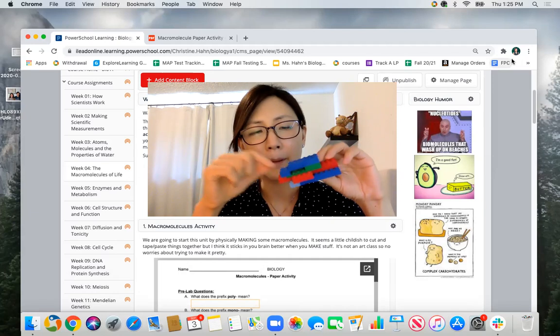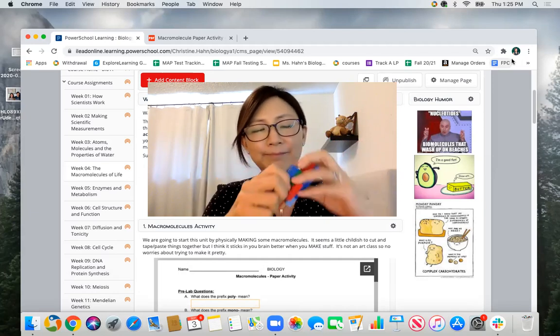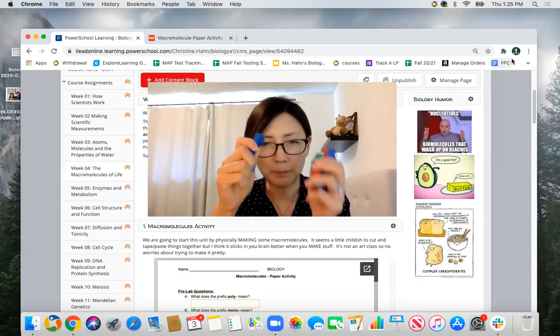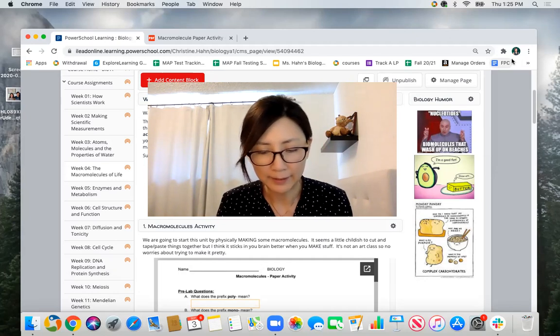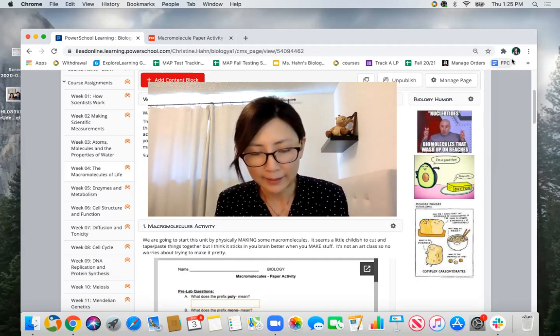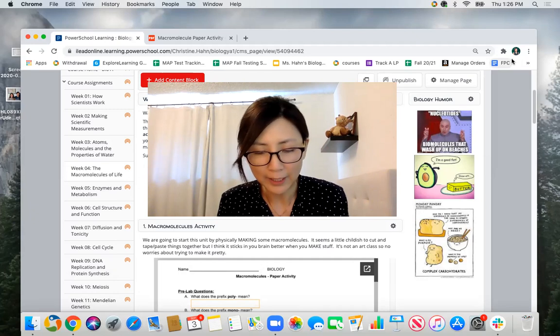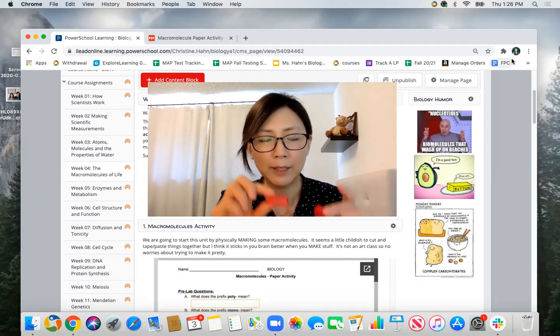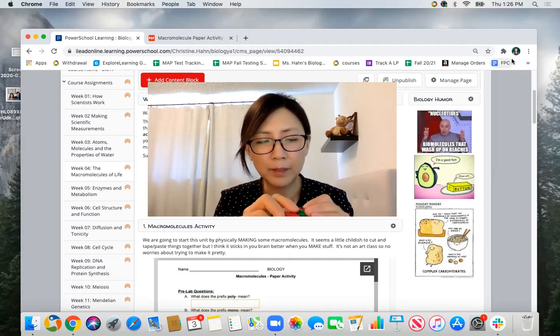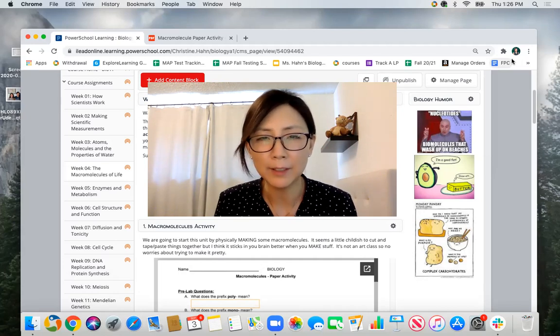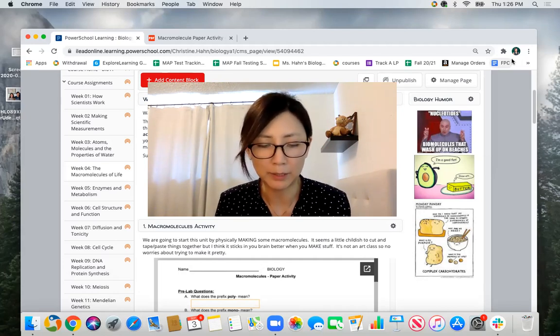So for example, if I'm going to eat this, I'm going to break apart the carbs, and that's going to give me energy. That's going to release energy as I break it down. The protein, okay, basically everything in your body is made out of protein. And it's kind of like a car.